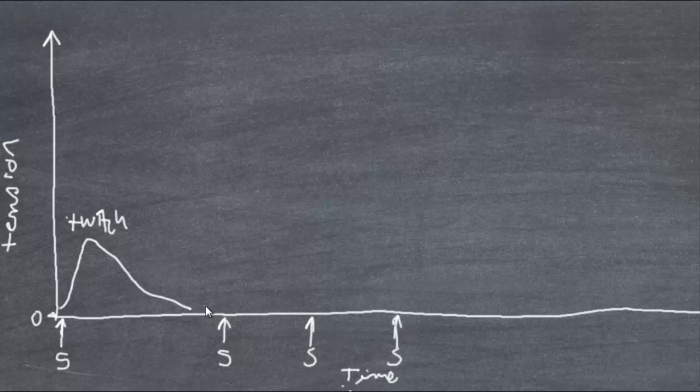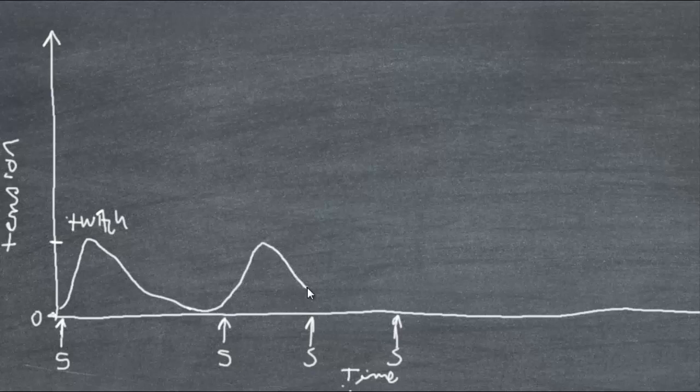Well, we said when you have one twitch, you see an increase in tension, so that's an increase in tension to there on the tension scale. And then when we get these stimuli in very close proximity to each other, they'll start to build up a little bit. So let's show you. After one stimulus, it'll go up and then it'll start to decay.